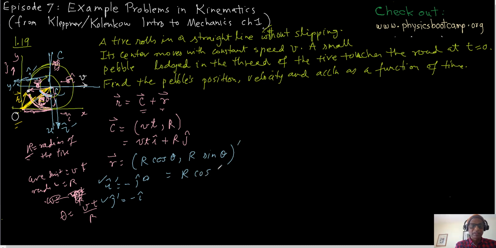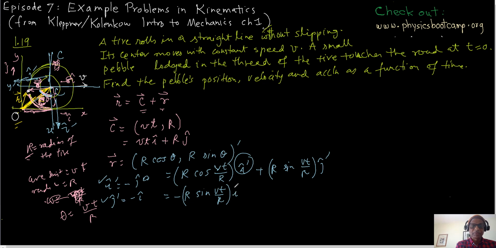So R cosine theta, where theta is vt over R, I hat prime plus R sine vt over R j hat prime. Now this is just minus j hat and this one's minus I hat. So I get minus R sine vt over R I hat minus R cosine vt over R j hat.